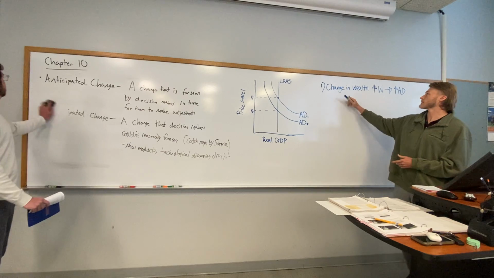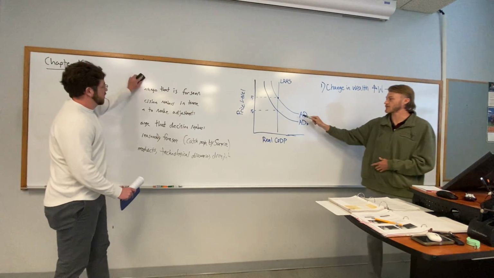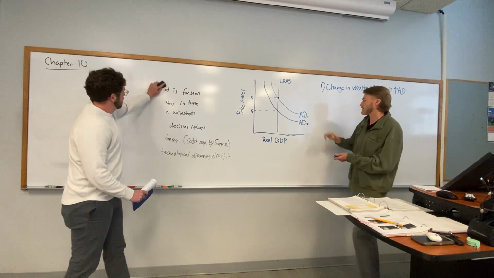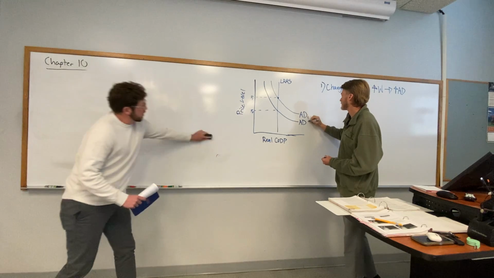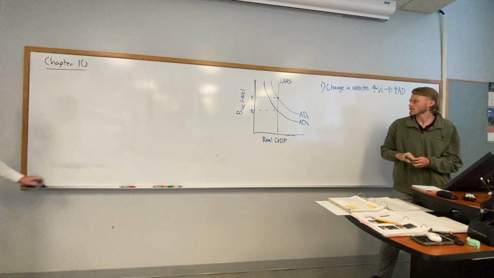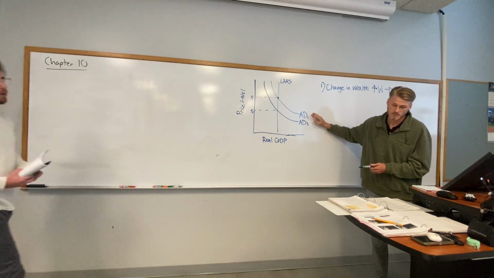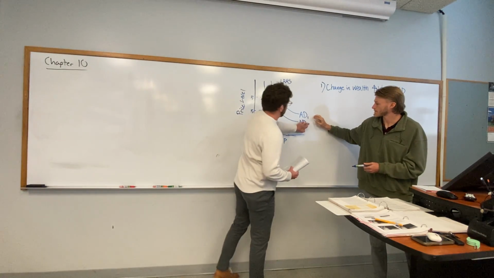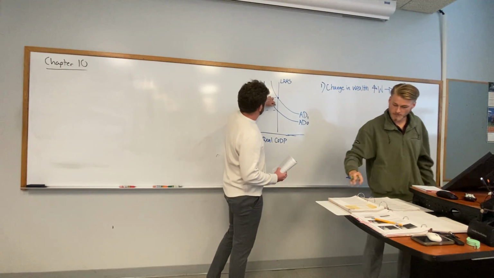Say we got poorer, our change in wealth would be the opposite. So say our wealth went down, our aggregate demand would be shifting the other direction. Is this right? Did I shift it right? You put this as 0. So we had an increase in wealth, and so we shifted price up.